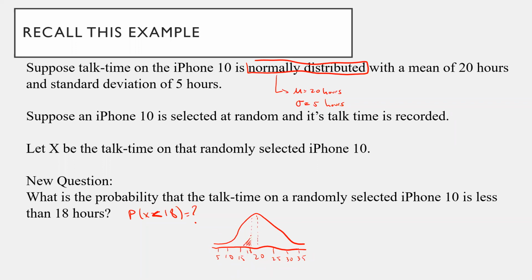So you'd still shade the area to the left that you're trying to find, but you cannot use the empirical rule anymore.